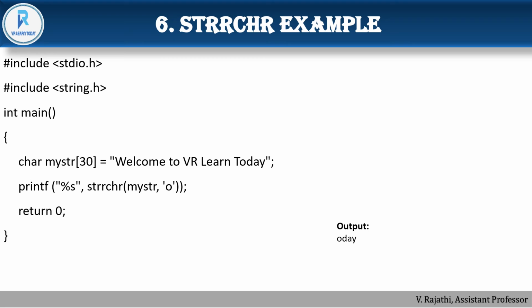If you are giving strchr, it will search from the front, left to right. If you are giving strrchr, it will search from right to left, which is reverse order. So in reverse, it's read from y, a, d, y. So it meets o, and it will produce the output od.